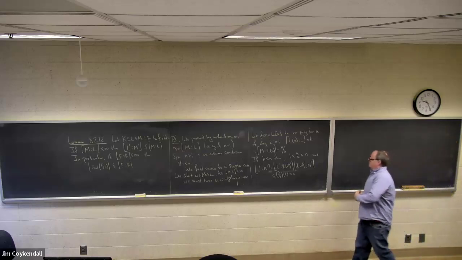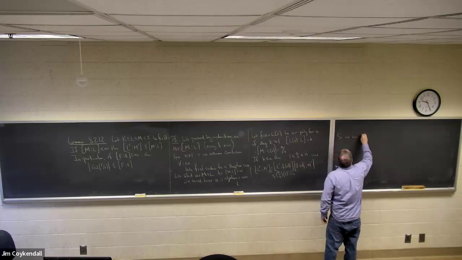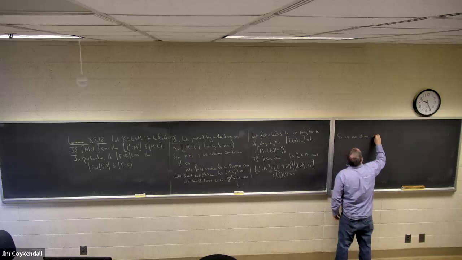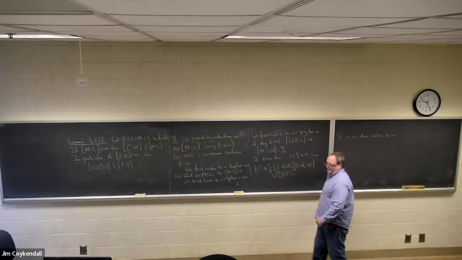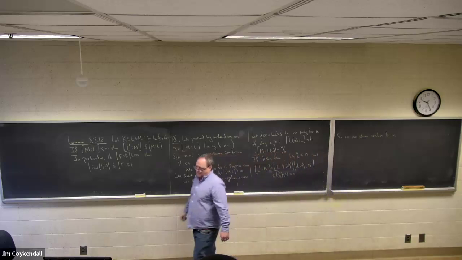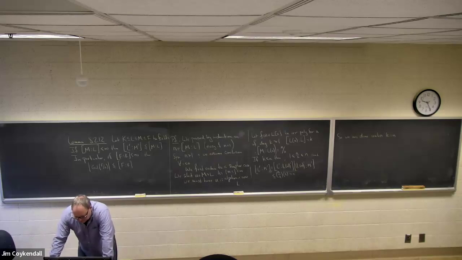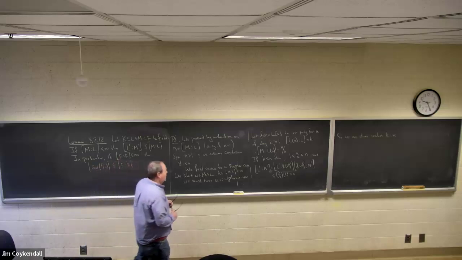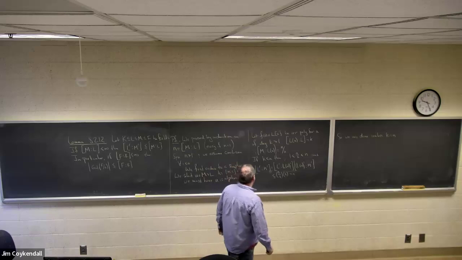So in particular, we're done unless k is n. What happens in case k is n? Well, in this case, really what's happening, so let me kind of boil this down for you.